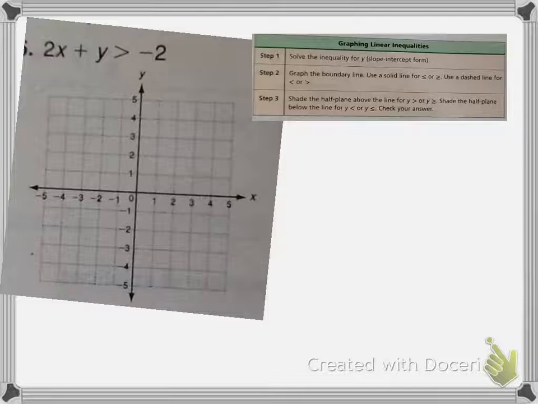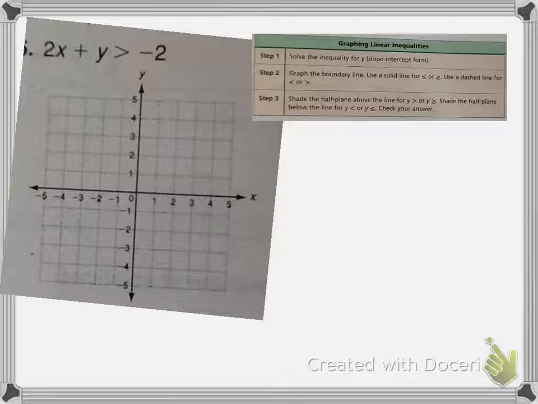Step 2: graph the boundary line using a solid line for the greater than or equal to signs, and a dashed line for the greater than or less than symbols. This is just like when we used a solid dot and an open dot. Step 3: shade the half plane, the half of the graph, above the line if it's a greater than symbol, or below the line if it's a less than symbol, meaning all the stuff less than the line, or all the stuff above the line.